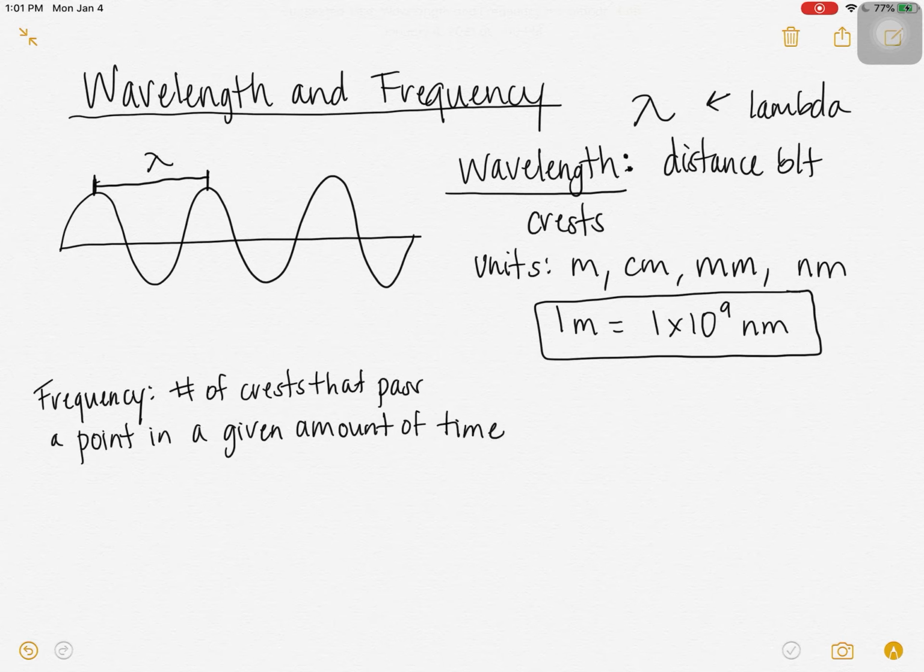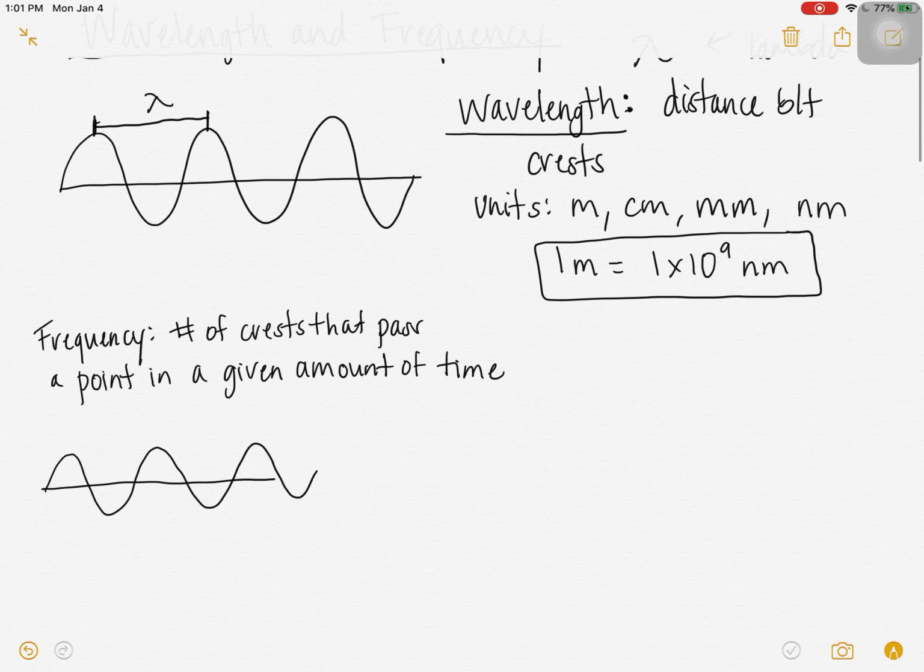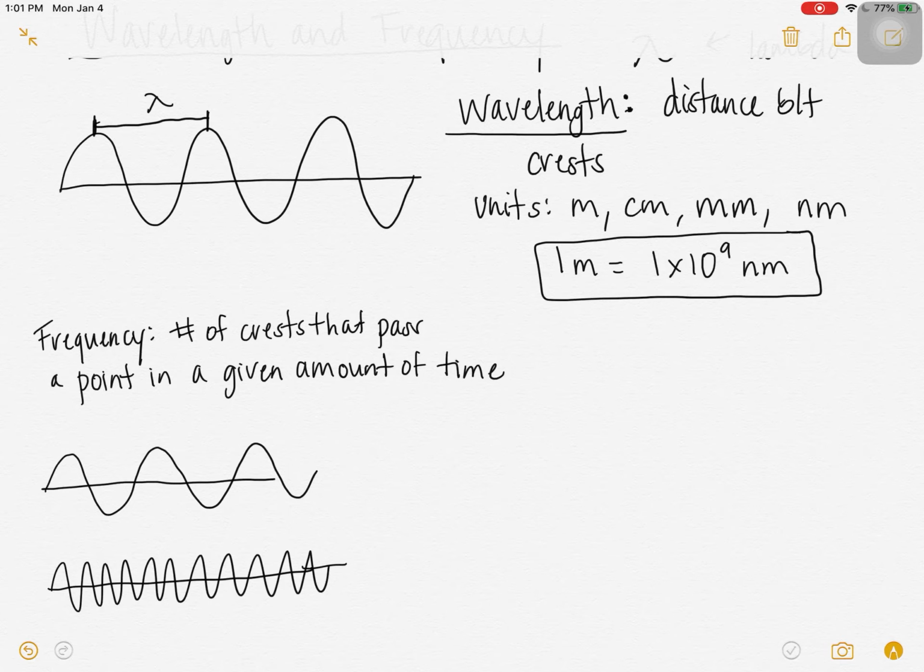Okay, and so in our last discussion, we talked about a wave that looked like, let's say this, versus a wave that perhaps looked like this. And we compared their frequencies.